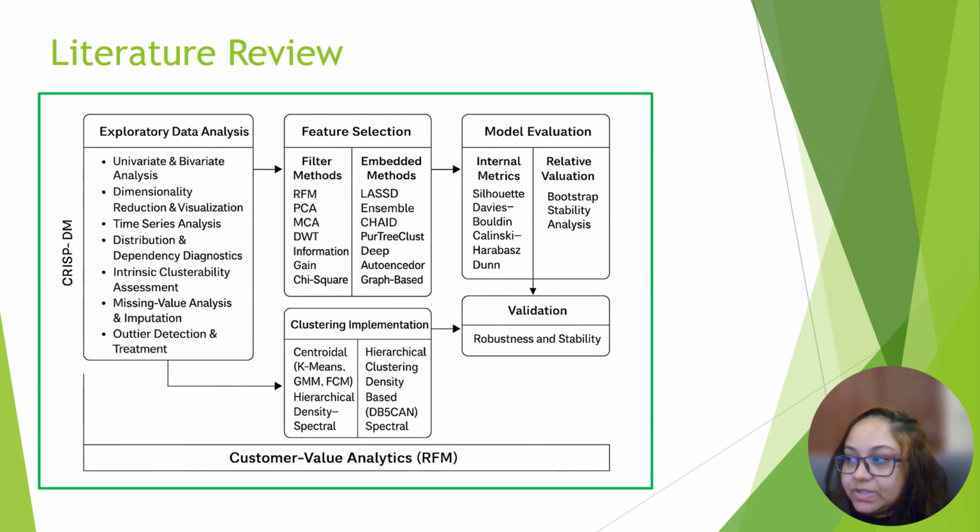Finally, evaluation metrics assess the quality of clustering output. Unlike supervised learning, where there are ground truth labels, clustering lacks ground truth labels. So, internal, external, and relative metrics are generally used. Finally, validation measures the robustness, stability, and generalizability of the clustering results.